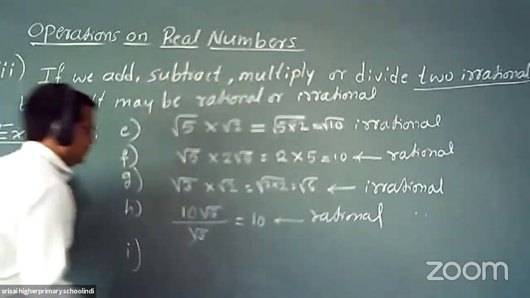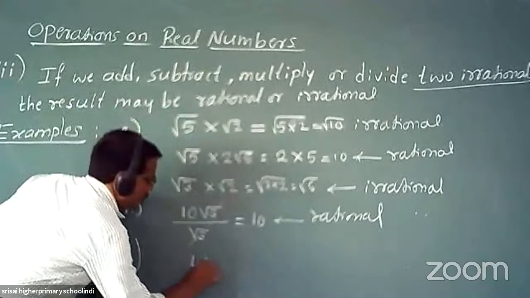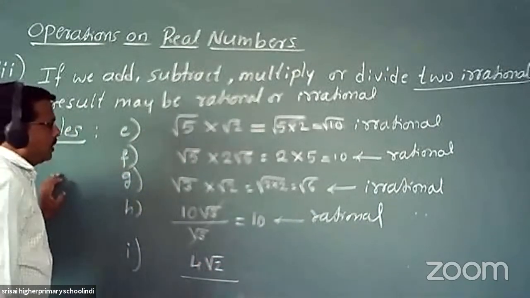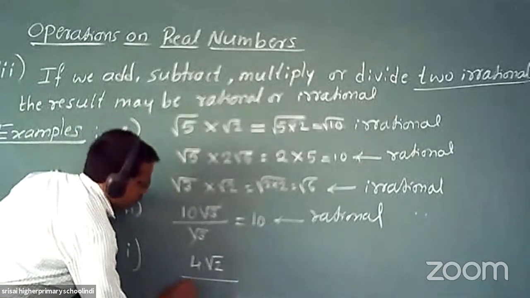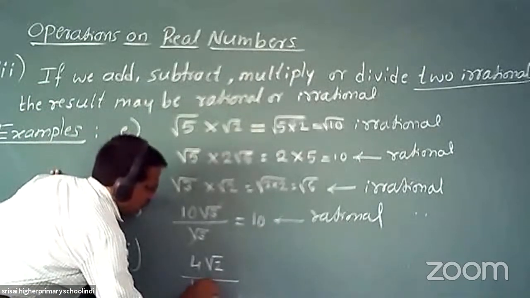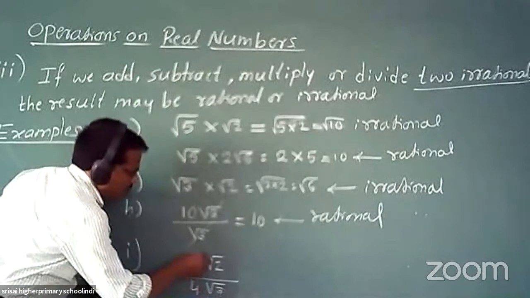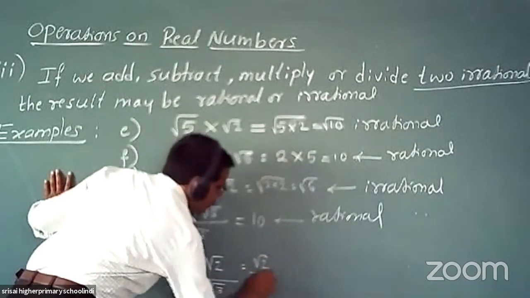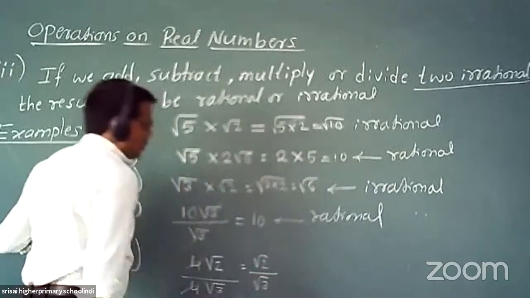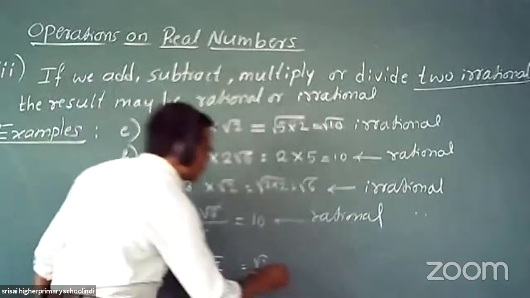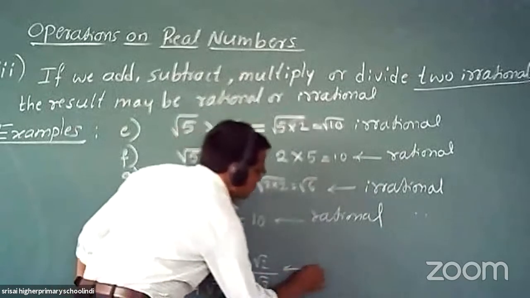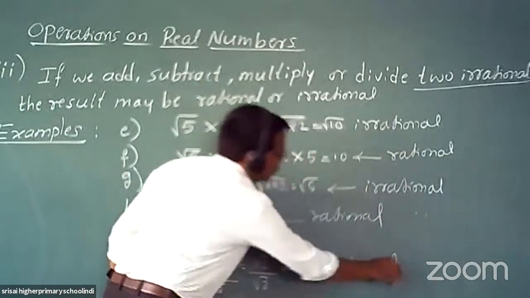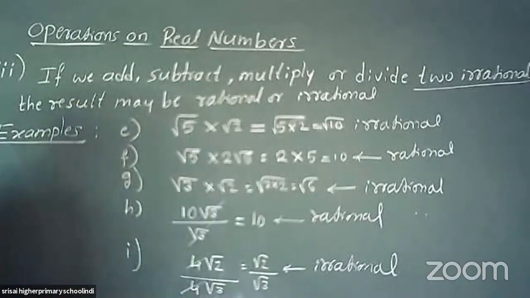Another example, 4 root 2 divided by 4 root 3. 4 will cancel, but square root of 2 divided by square root of 3 becomes irrational only. Write these examples.